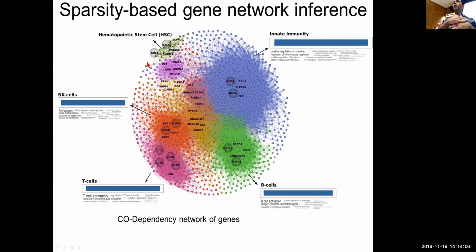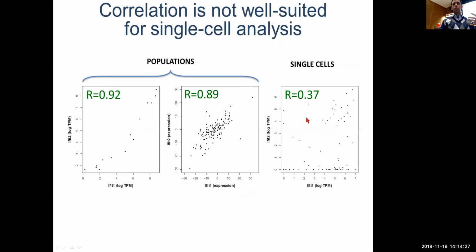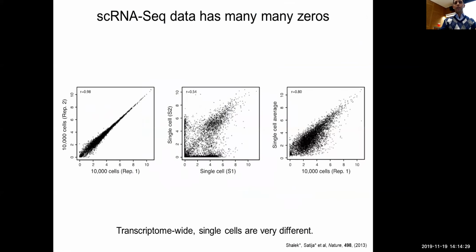Without even looking at high or low expression, just based on the on-off differences of a particular gene across different cells, you can actually cluster genes of similar functions.